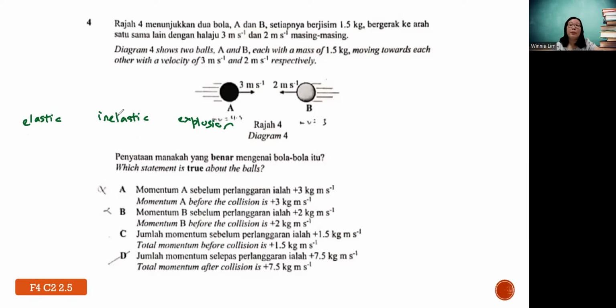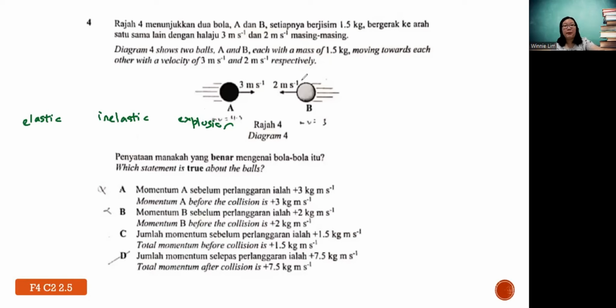Sometimes they use the term common velocity. While in explosion, initially they do not move, but after the collision, they move in opposite directions. Most applications involve explosion, for example launching of a rocket, firing a cannon, and so on.